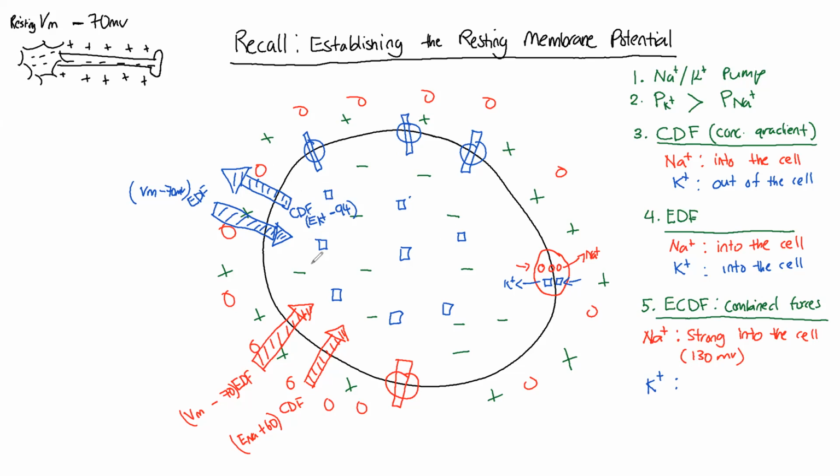So potassium is going to have a force that is weak because we're now going to subtract that -70 from -94. So it's going to be a weaker value, but its general direction will favor the chemical driving force because this is the bigger value. All right, so it's going to have a weak force out of the cell.